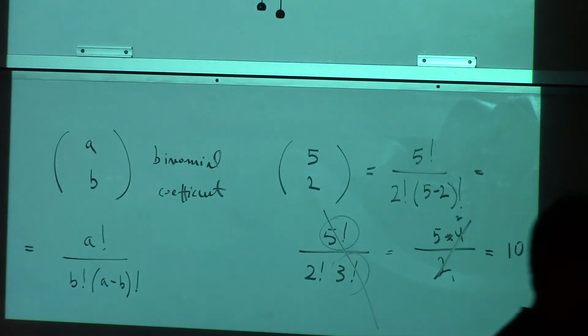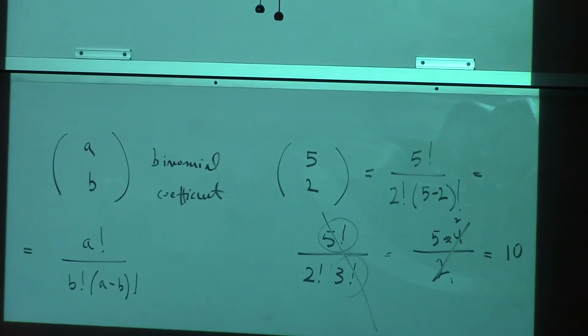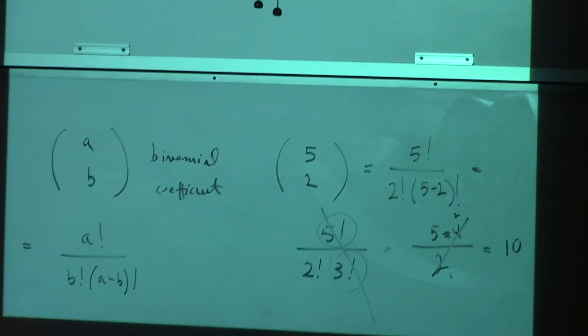So now the question is, if I am choosing 2 people from the front row at random, what's the probability that I choose these 2? 1 out of 10, right? Does that make sense?